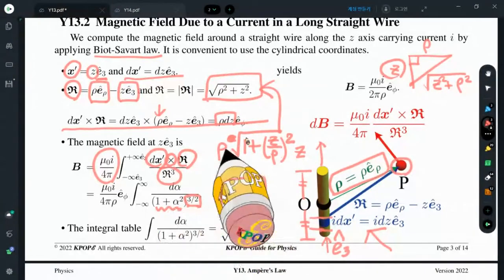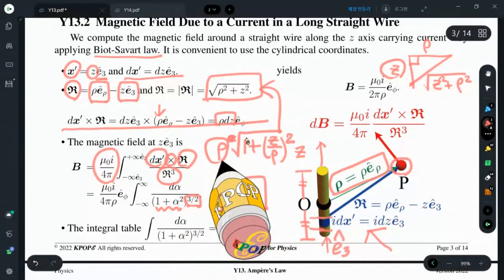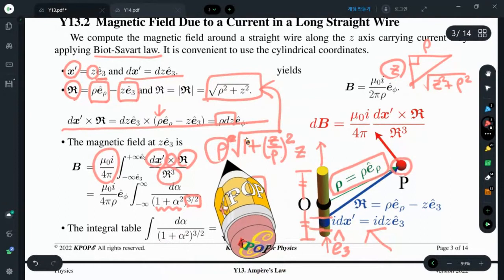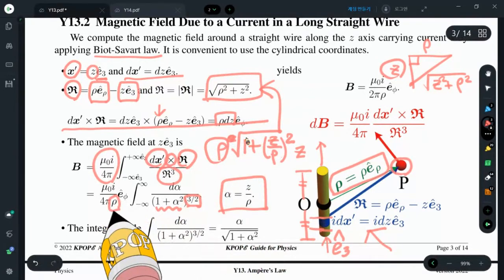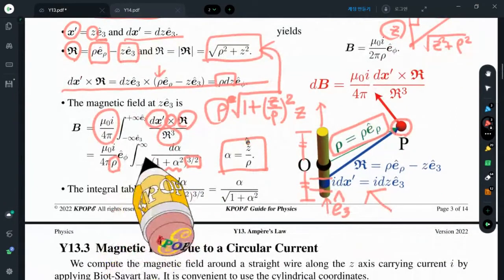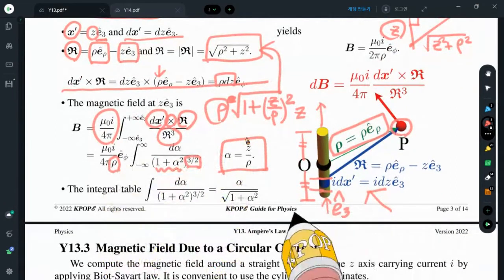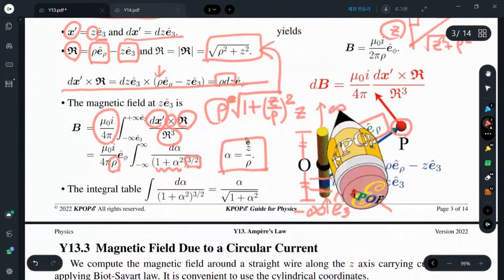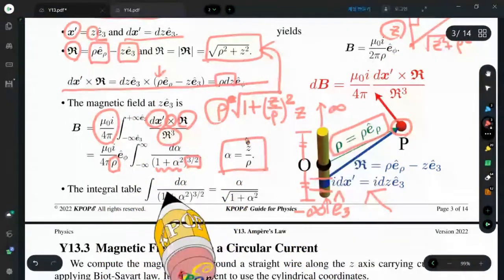And then this overall factor has been pulled out like that. Now, we want to evaluate this integral from minus infinity to plus infinity.